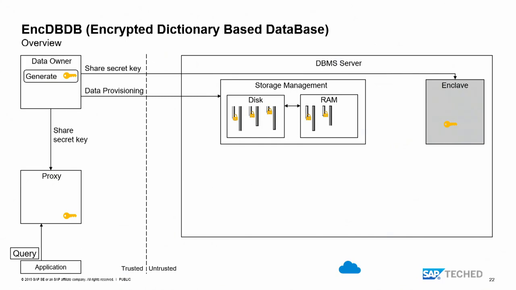Then an application sends a query, and this query is sent to the proxy. The proxy will encrypt this query. This does not mean that he just takes the SQL string and encrypts it. It means he will encrypt the values that are in there. For example, we have a range query: give me everybody between 20 and 50.